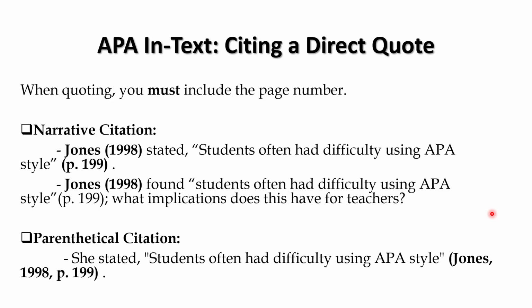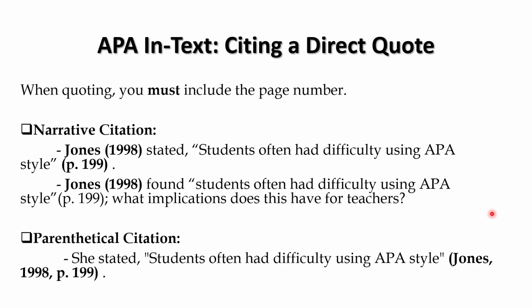Now let's look specifically at how to cite direct quotes, because quoting has one extra requirement that you must never forget. Here is the most important rule for direct quotes in APA style. When quoting, you must include the page number.